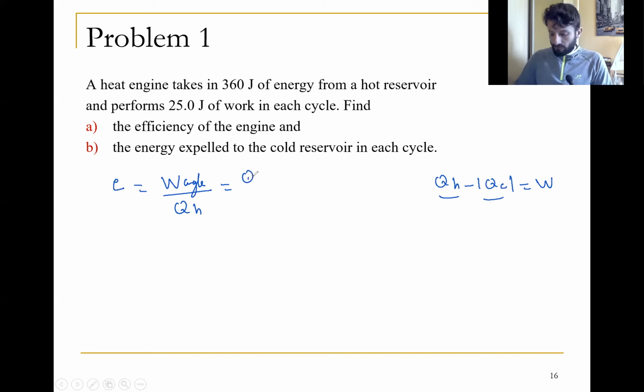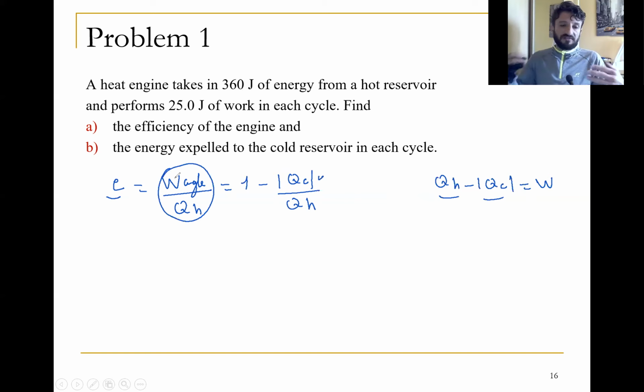So we can write directly the relation: 1 minus Q cold divided by Q hot. Here, I don't know the value of Q cold. I have only Q hot. We cannot find the efficiency from this one. So you can use the other one.